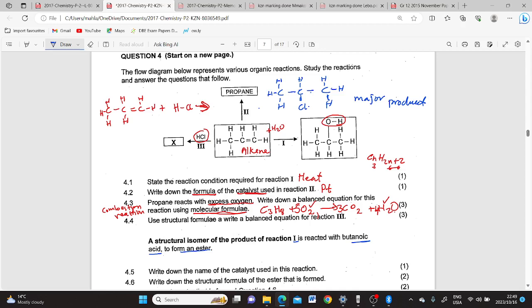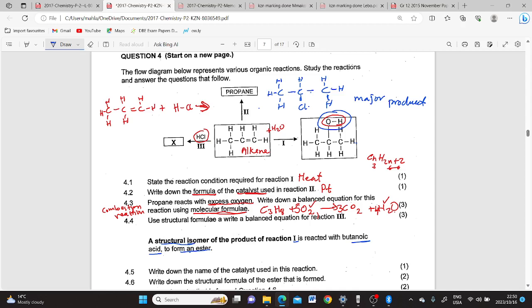We can only move this OH position, and that will change the structure, because there is no way you can change this structure here other than removing this OH to put it at the end and put the other hydrogen there. So they simply said structural isomer.